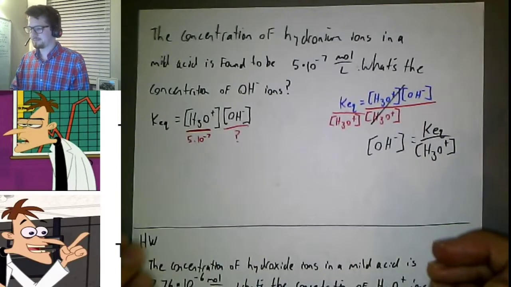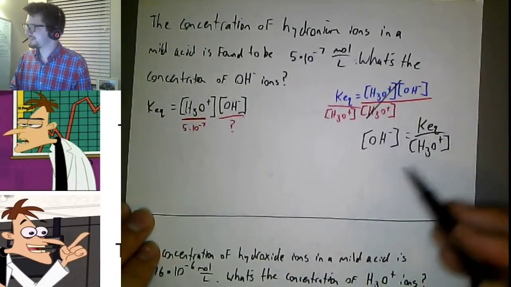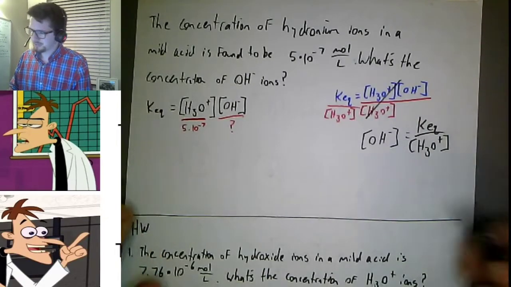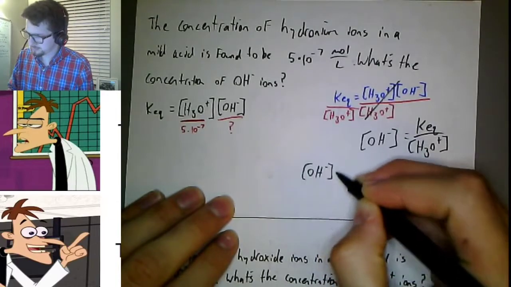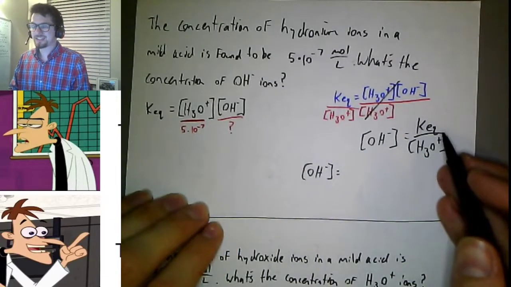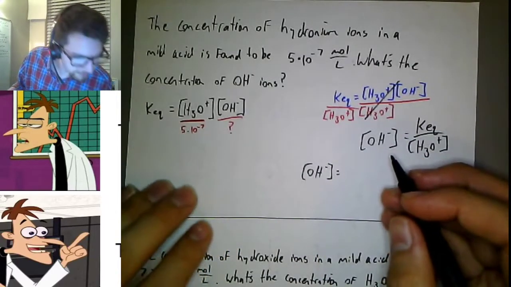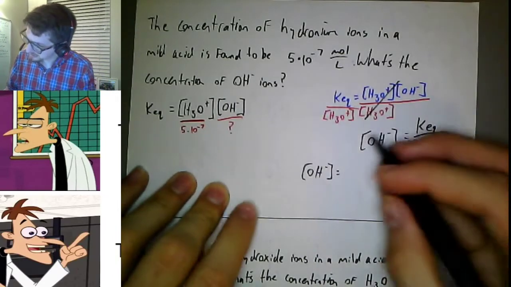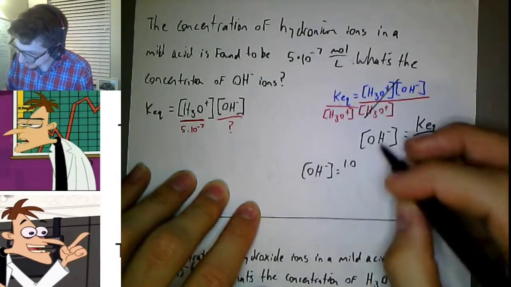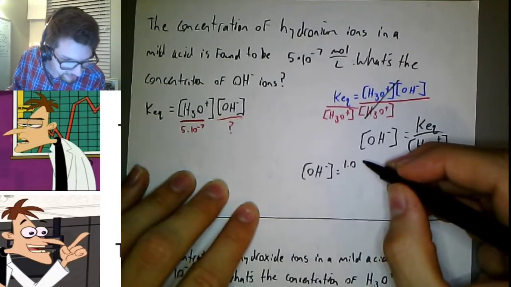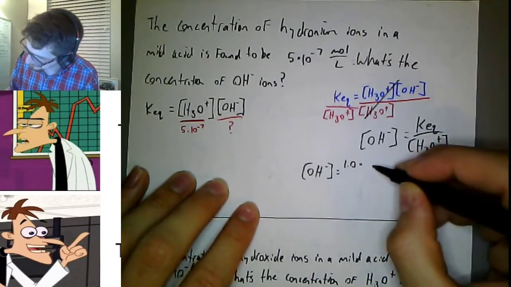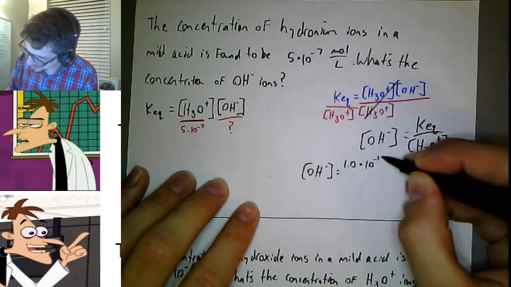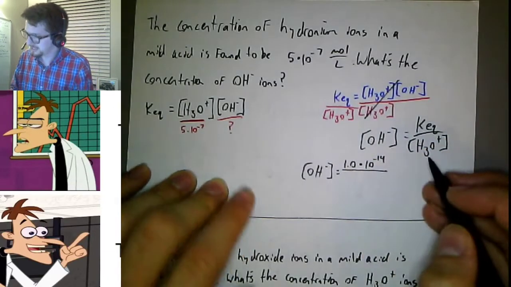Great. So now that I have this set up, let's plug in my numbers. I'm looking for my OH. What's my ionization constant for water? Well, it's supposed to be always, for water at I believe 25 degrees Celsius. We're just going to assume it's basically STP. It's 1.0 times 10 to the negative 14 over, what did they give me?